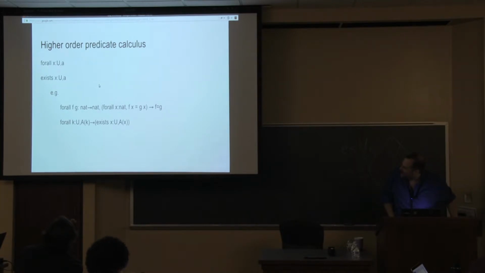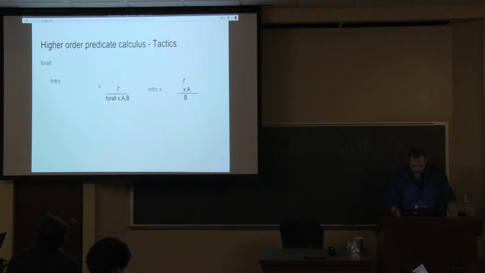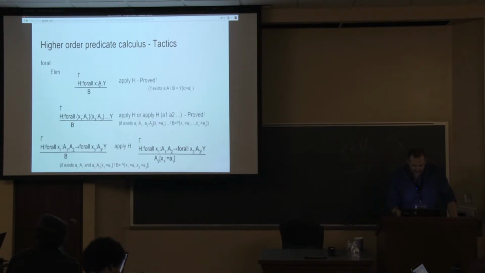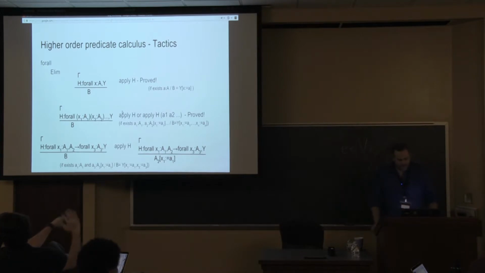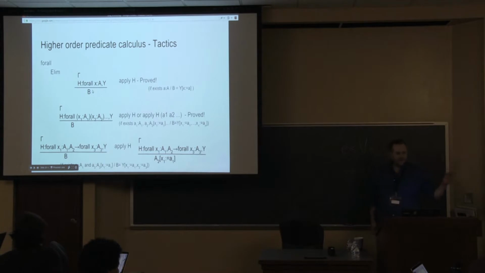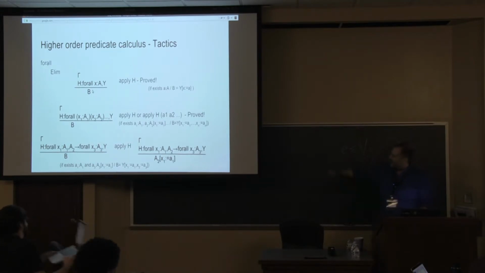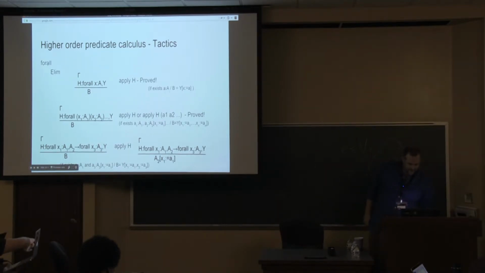For all x, nat is the type of naturals in Coq. Elimination is a little more complicated because it's more related to substitution and everything. If we have a for all in the hypothesis and we have a B, we can apply the hypothesis, if there exists a substitution.